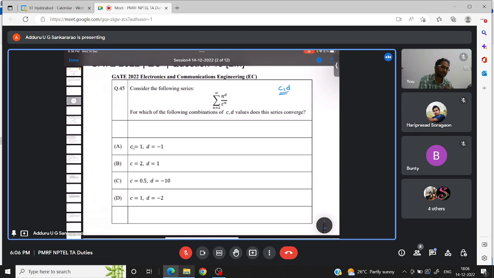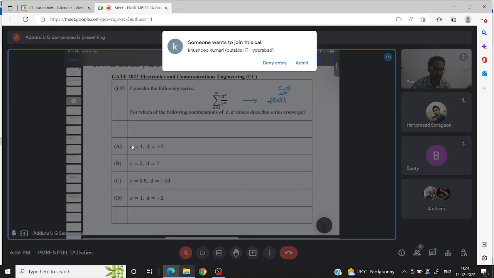You might have studied the convergence of Fourier series. So this infinite summation should be a finite quantity. If you add all the infinite terms, it should not be infinity. It should be a finite quantity, right? That's what convergence means.